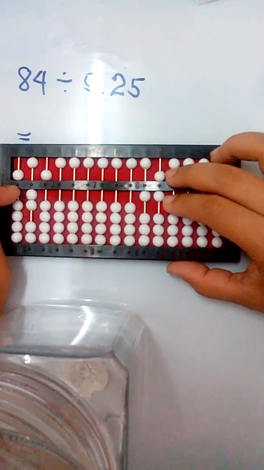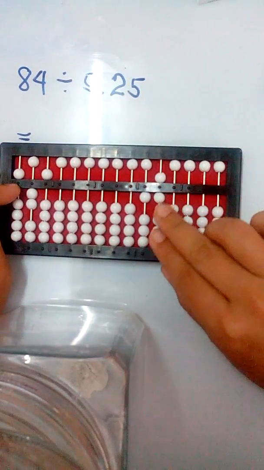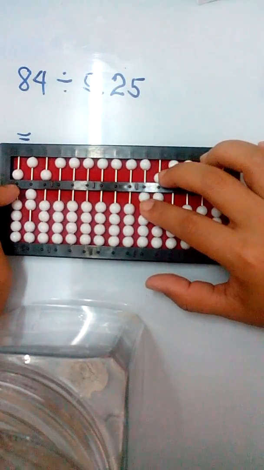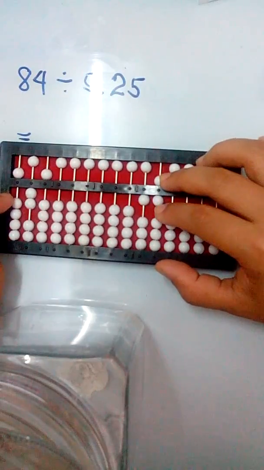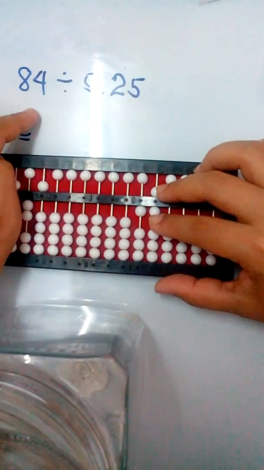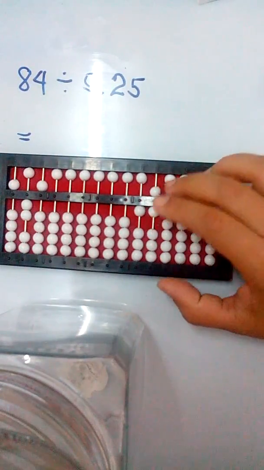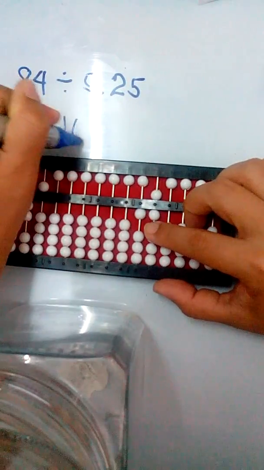So we'll read our answer starting on the fifth rod, 1s, 10. So our answer is 16. So 84 divided by 5.25 is 16. 1 and 6.